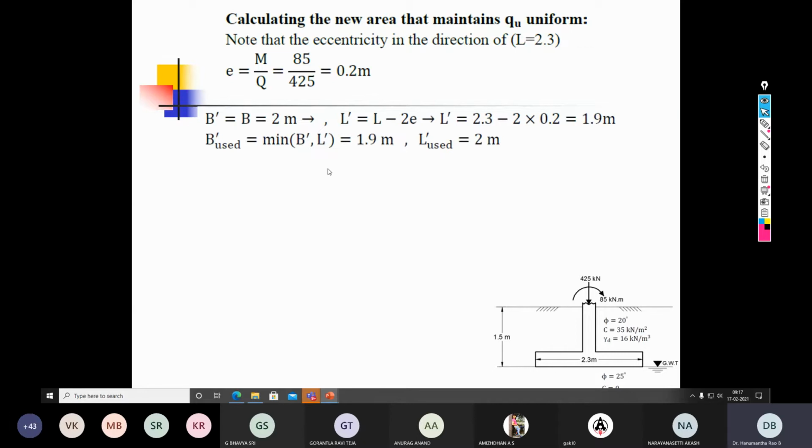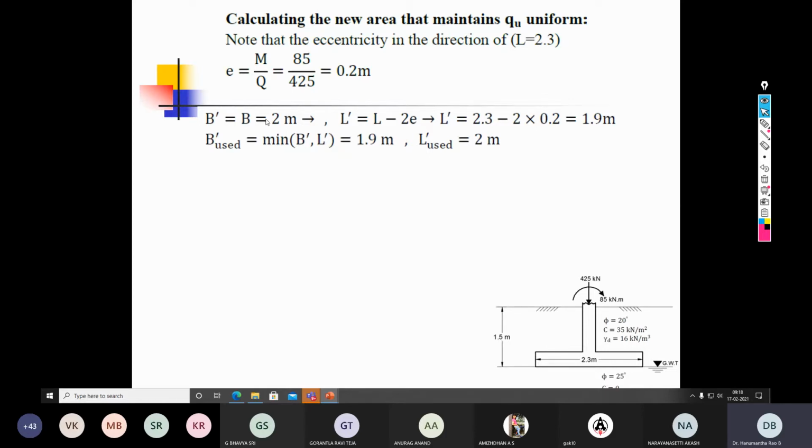So next, calculate the effective width and effective length of the footing. Those are designated as B dash and L dash. Since initially given is 2 meter by 2.3 meter, we will consider the higher dimension as the length and the lower dimension as the width.